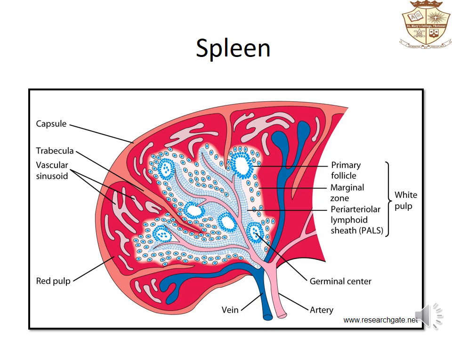Here, the dendritic cells will present the antigens to T helper cells, which will further activate B lymphocytes so that an immune reaction against the foreign antigen will be initiated.